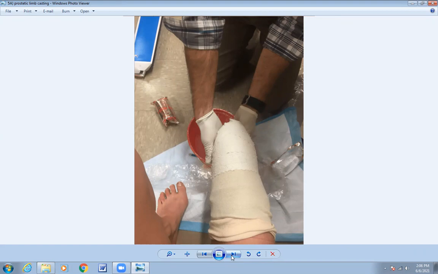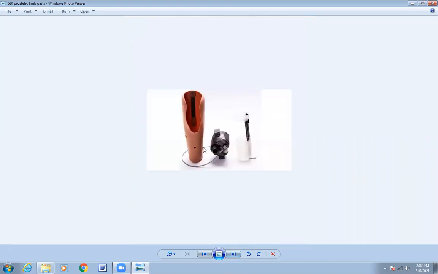Oftentimes arms, legs, hands, even facial reconstructions of the cheek or the nose or the ear are made. And one of the ways is to make a casting of the missing limb where it connects. Then an exact casting will be made of an item that will sleeve over and fit onto the bare end of the limb. Normally it is wrapped with a sock to prevent blistering.